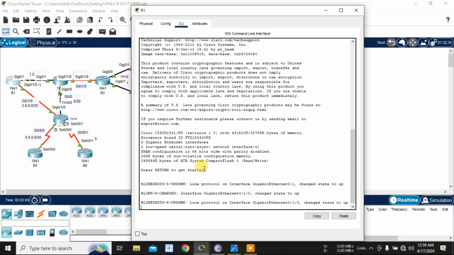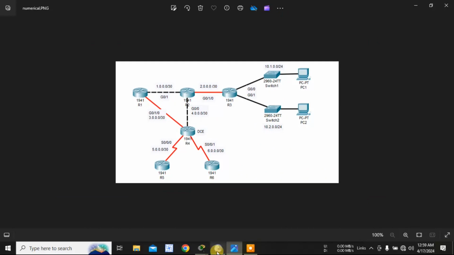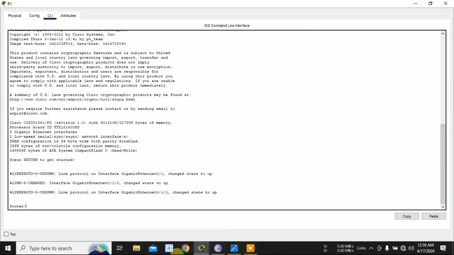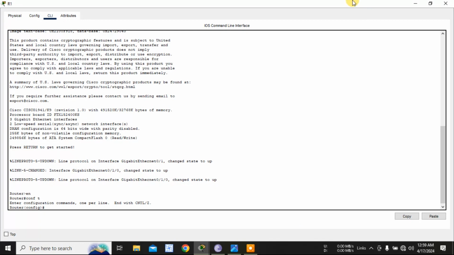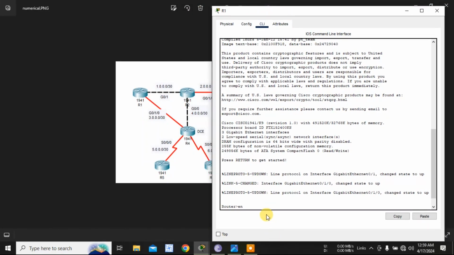Let's go to the command line interface of router 1. First I will go to config mode: enable, then config t.